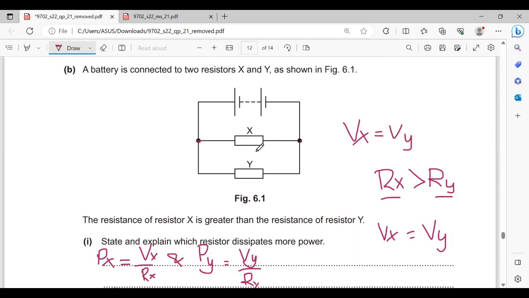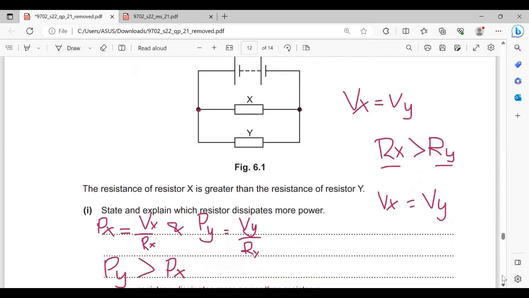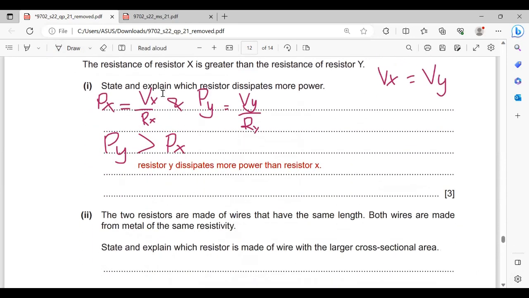So potential difference X is the same as potential difference Y. If Vx equals Vy and Ry is less than Rx, it means Py will be greater than Px. Like this, the mathematical symbols.